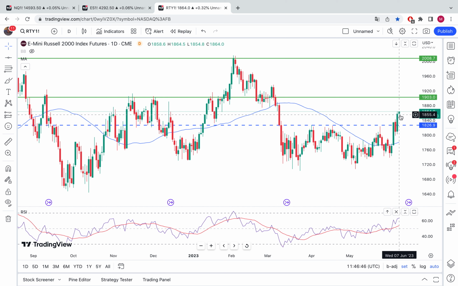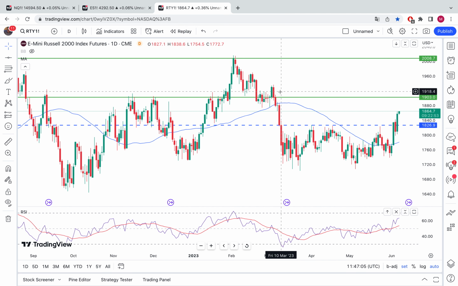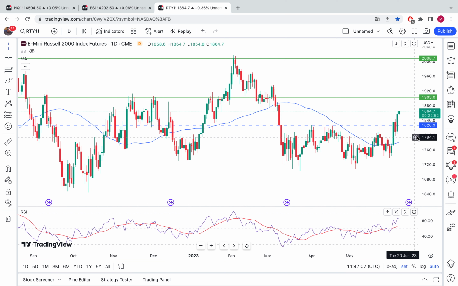So today I expect the mini Russell 2000 to go test the 1,905, and above it 2,008, 2,010, which was the high of this year, I believe. As long as the mini Russell is above 1,826, we are bullish. Below it, we are bearish.